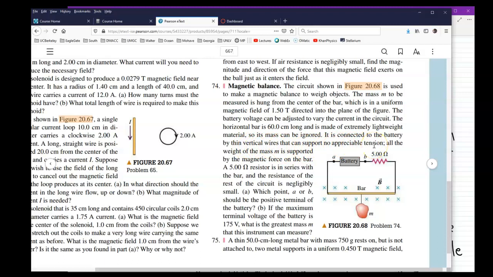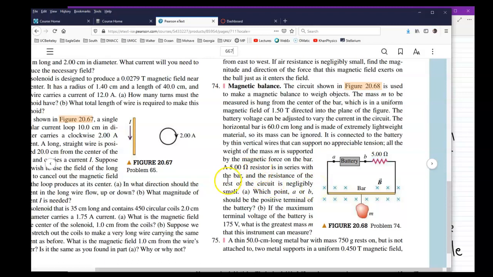As you can see, he babbles a lot. All the weight of the mass M is supported by the magnetic force on the bar. So basically what he's saying is ignore the mass of the bar, the battery, the mass of the wires, all of that. Now, a 5 ohm resistor is in series with the bar, and the resistance of the rest of the circuit is negligible.